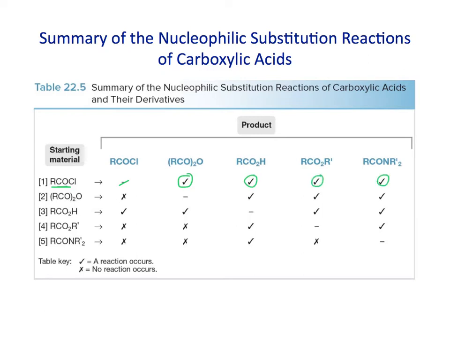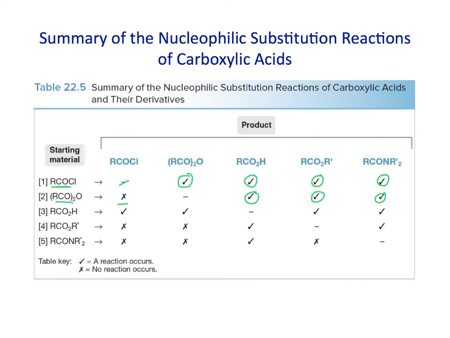Okay, we go to the anhydride. We can turn it into everything that is less reactive than it is. We can't go back up to the acid chloride, though. We can only go downhill.